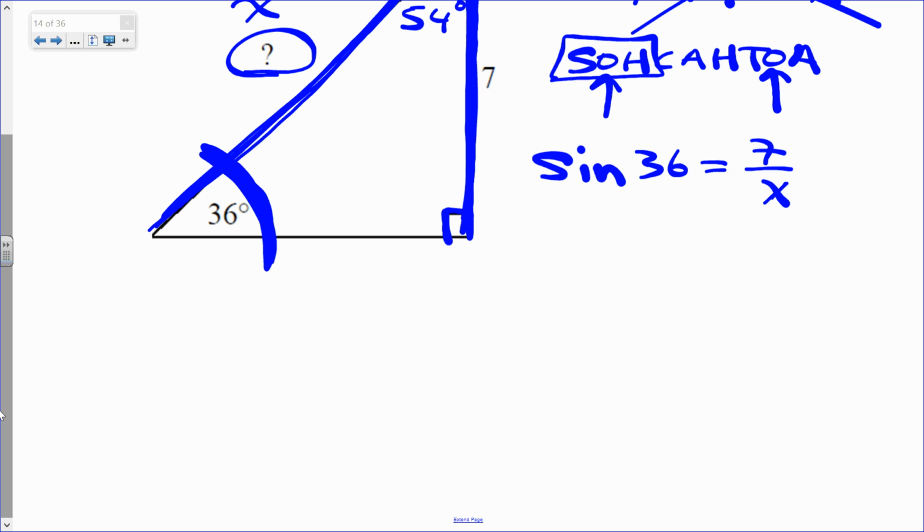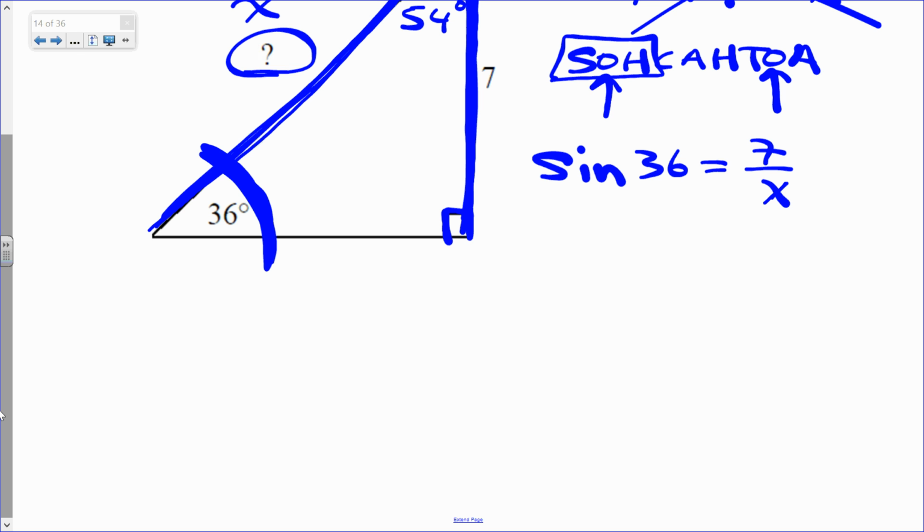Now, when we have an equation with a variable, we have to get the variable by itself. Right now, the variable is not by itself on the right side. I have a 7 next to the variable. So my goal is to get that x by itself.